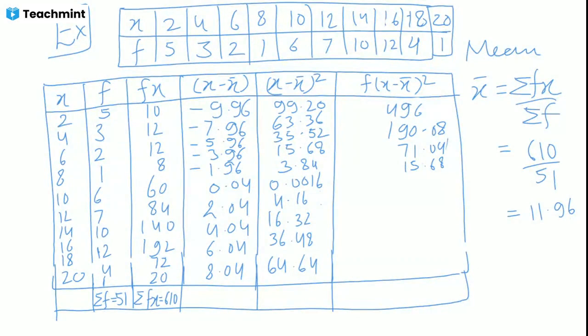Now let's multiply 3.84 with 6, so we have 23.04. Now 0.0016 just multiply with 7, so we have 0.01 only. And 4.16 multiplied with 10, so we have 41.6.